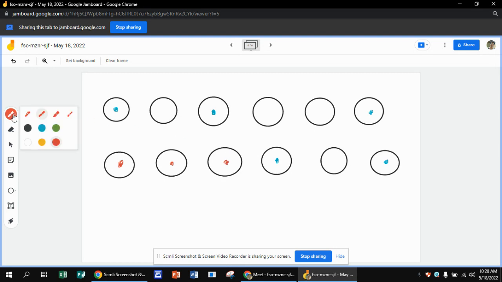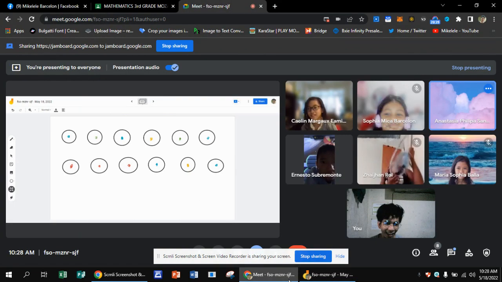Some blueberries and raspberries, or some little dots, and some of the leaves. Where am I? I'm lost.